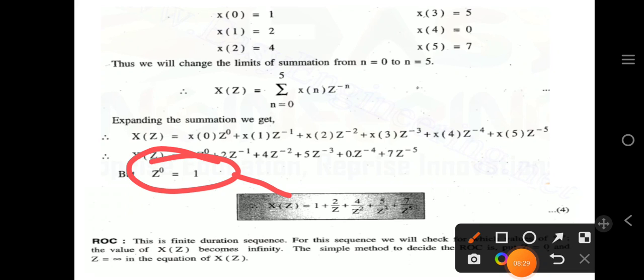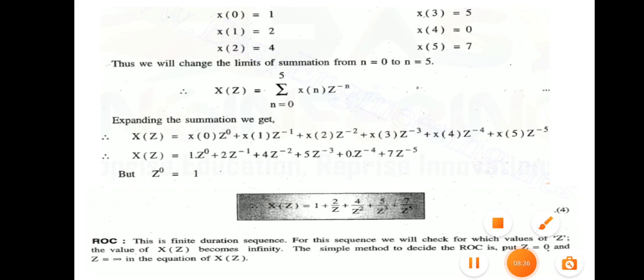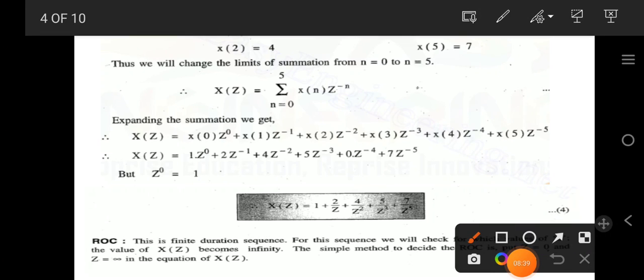So as we know z raised to the power 0 is equals to 1. So we will put this value in this above equation. We will get x of z is equals to this first value. This will become 1. So x of z will be equal to 1 plus 2 upon z, as this z will go in the denominator.